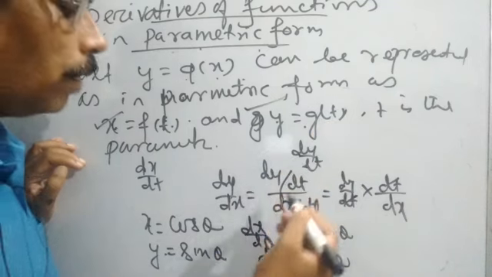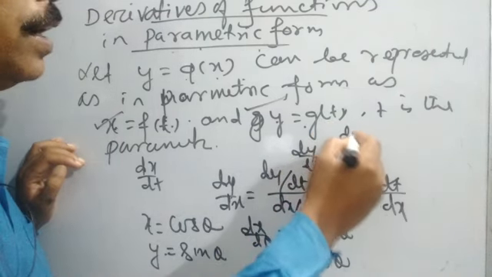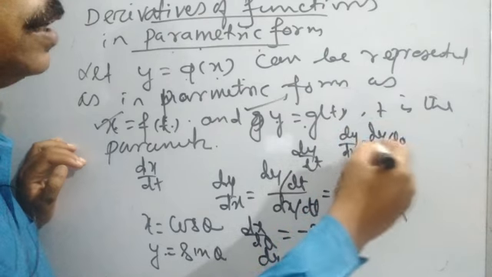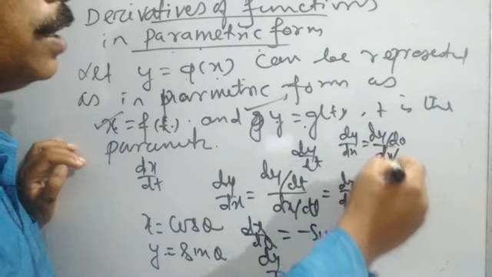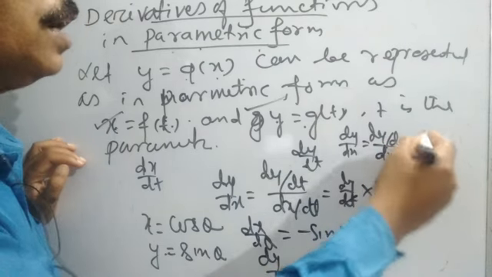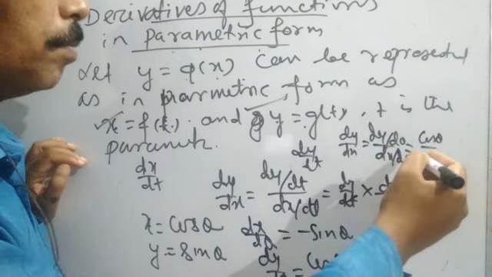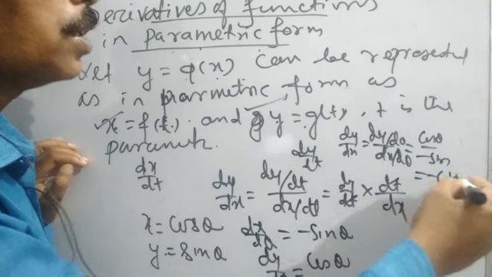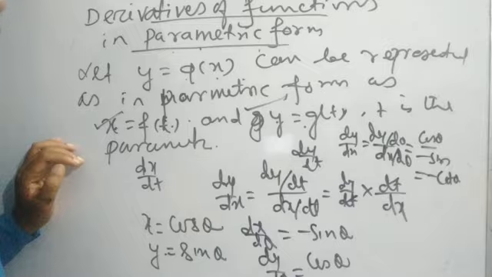So you can find the value dy by dx is equal to dy by d theta divided by dx by d theta. What will you get now? That is equal to cos theta by minus sin theta, that is equal to minus cot theta. That is the result.